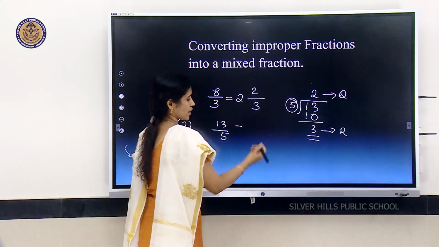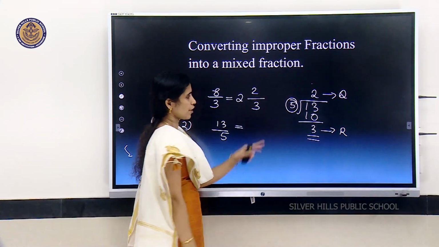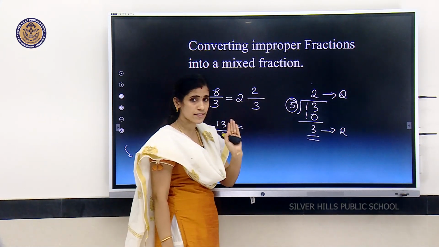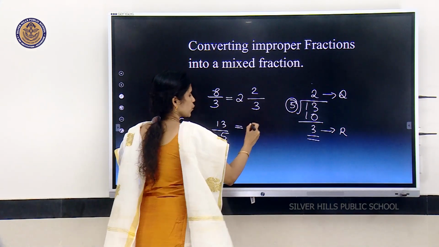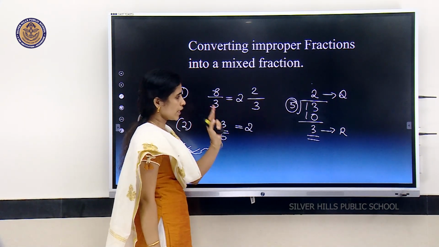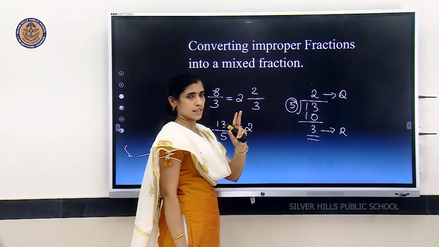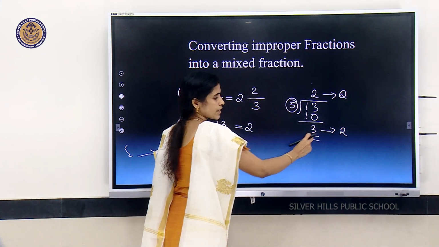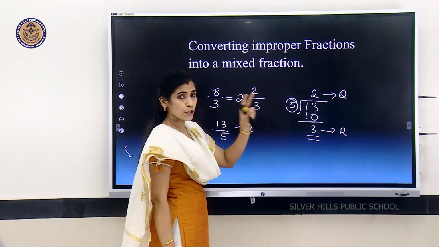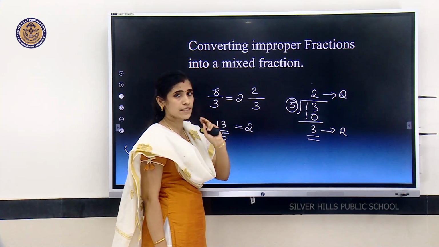For the next step, we write the quotient as the whole number part. 2 is the quotient here, so first we write 2. Then write the fractional part. The remainder is the numerator of the mixed fraction.